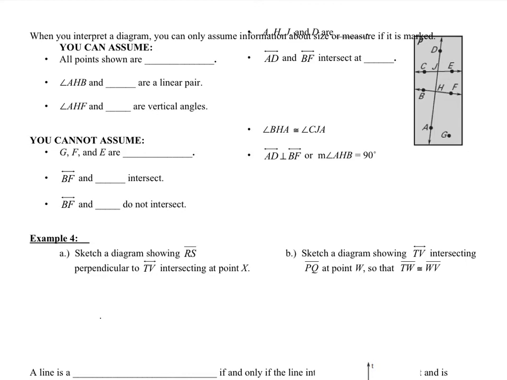When you interpret a diagram, you can only assume information about size or measure if it is marked. So for the following picture, you can assume that all points shown here to the right are coplanar. You can also assume that points A, H, J, and D are collinear.